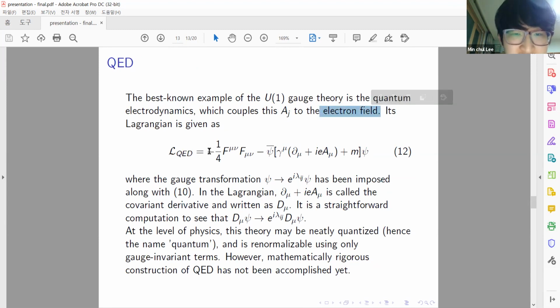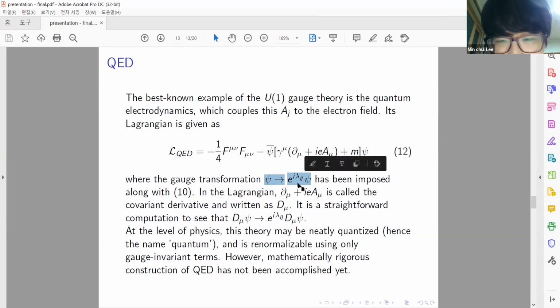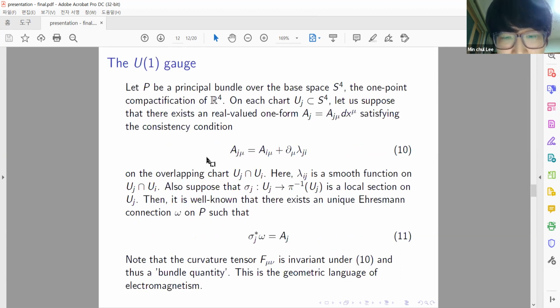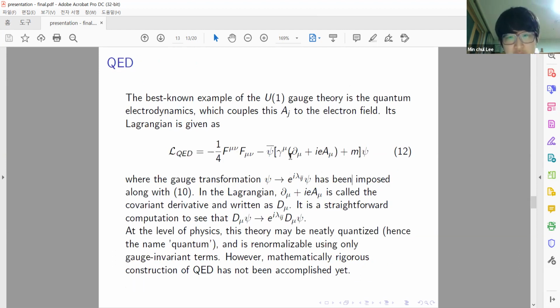The Lagrangian is given as this, where the gauge transformation given as this has been imposed along with the gauge transformation for A. So the electron field corresponds to what part of your notation? This psi. Psi, okay.